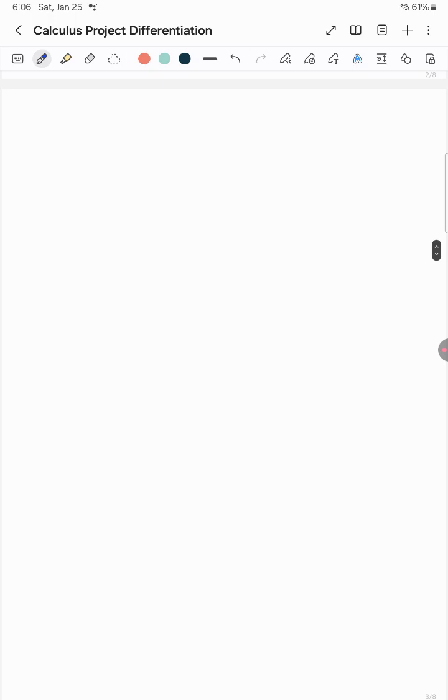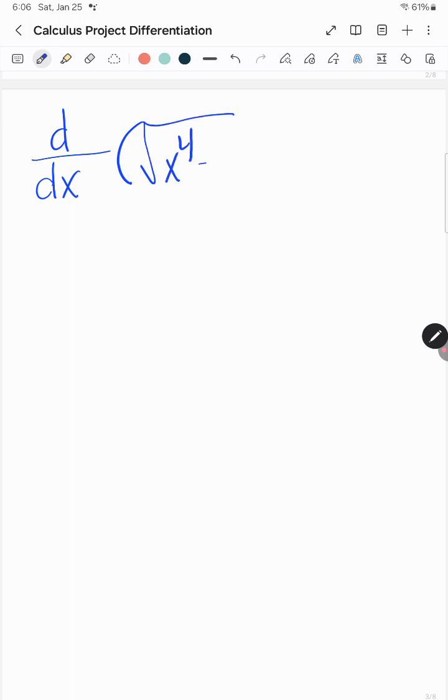Our next example, example 3, is going to be a little bit more complicated. We're going to have d over dx times the square root of x to the fourth minus 6. The first thing that we're going to want to do for this is get it out of the root form and into its power form.